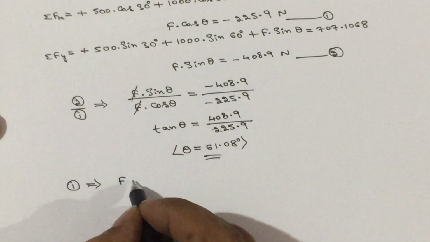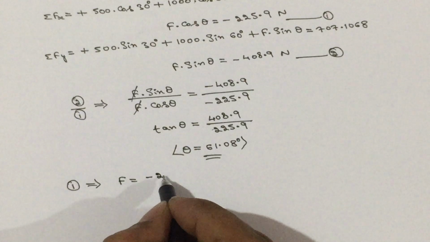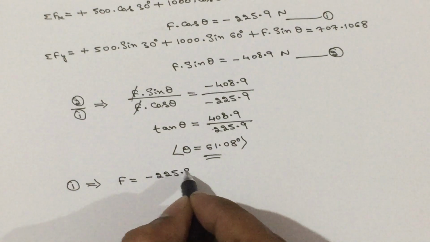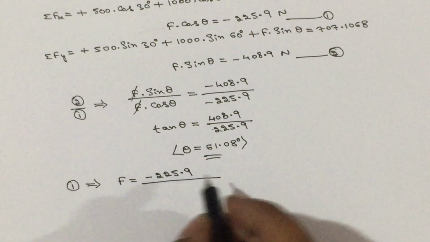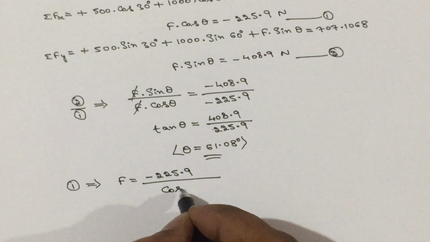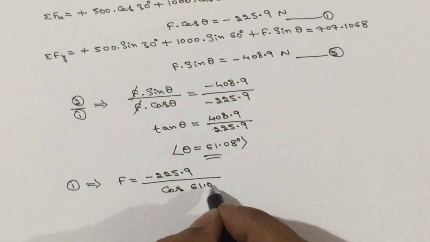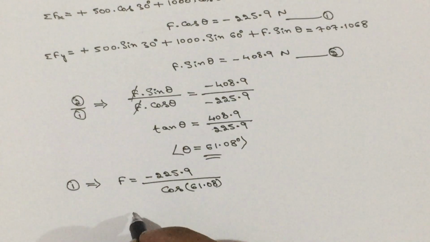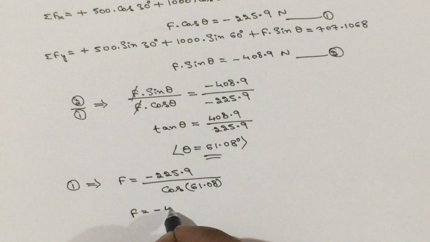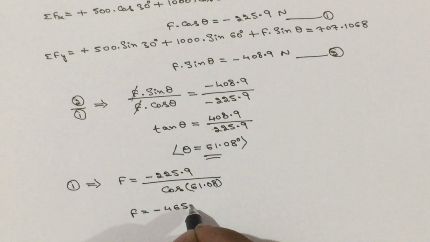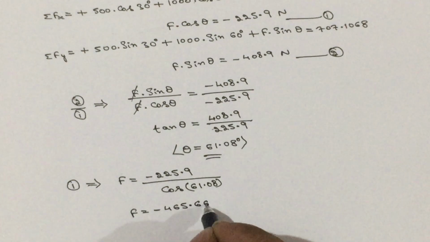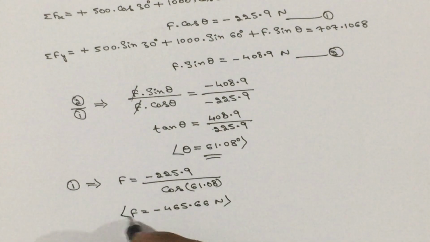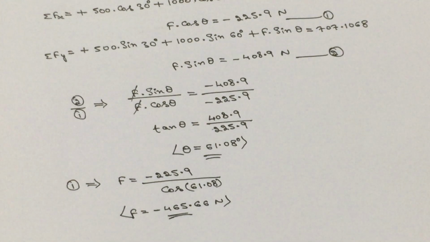Therefore F will become minus 225.9 divided by cos theta, where theta is 61.08. You are going to get the F value as minus 465.66 Newton. That's all. Thank you.